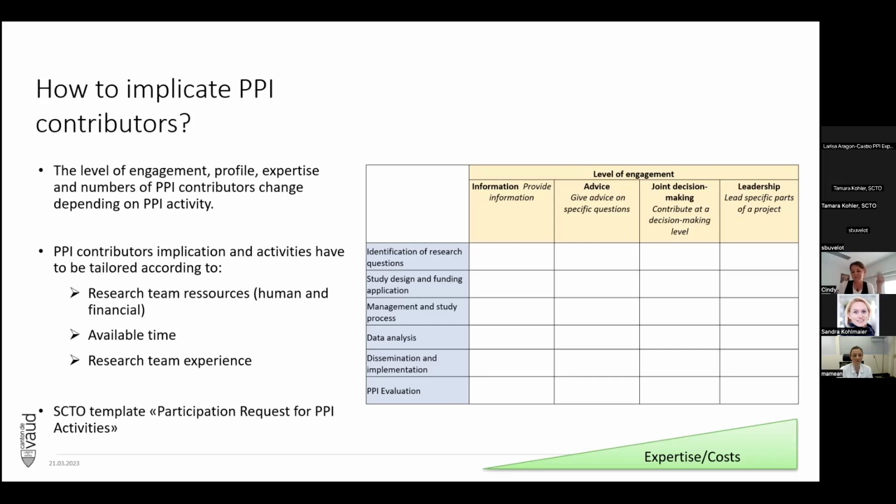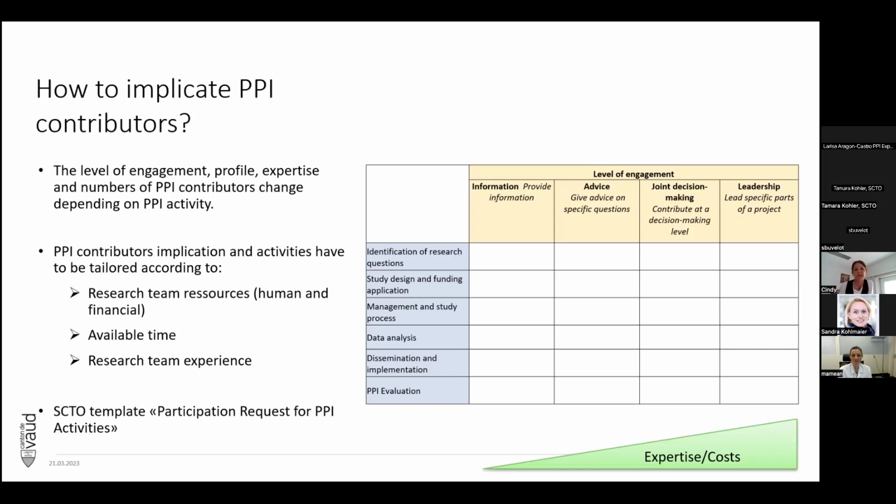And also the research team's experience in PPI activities, because you won't go into complicated activities such as maybe focus groups if you don't have experience in qualitative research. You would rather choose a survey, for example, or more individual interviews.